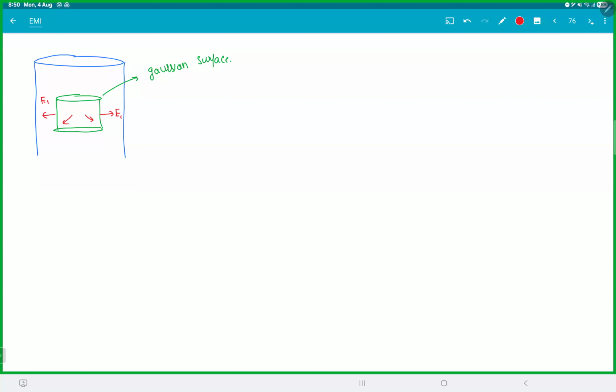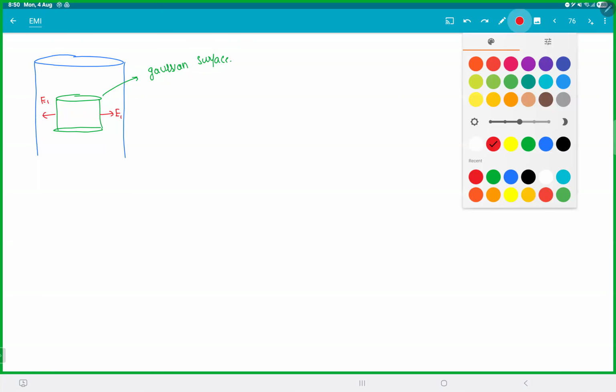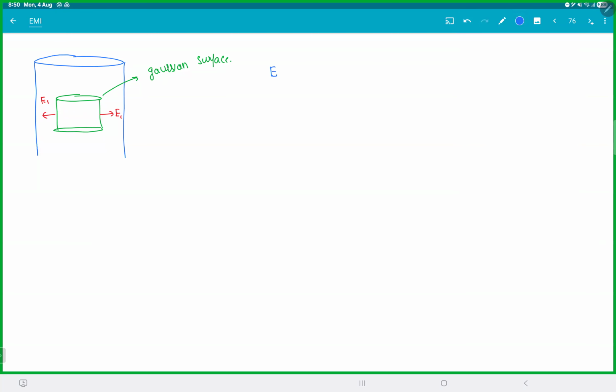So E1 is all radial direction. So the electric flux will be E1 into surface area, 2 pi RL. Let the radius be R and let the length be L. But we know from Gauss law, electric flux is nothing but Q enclosed by epsilon.